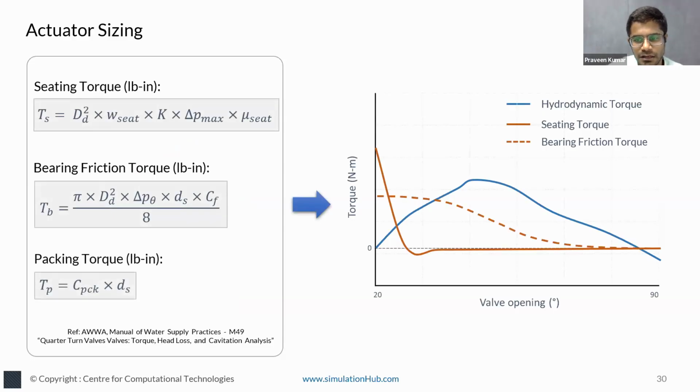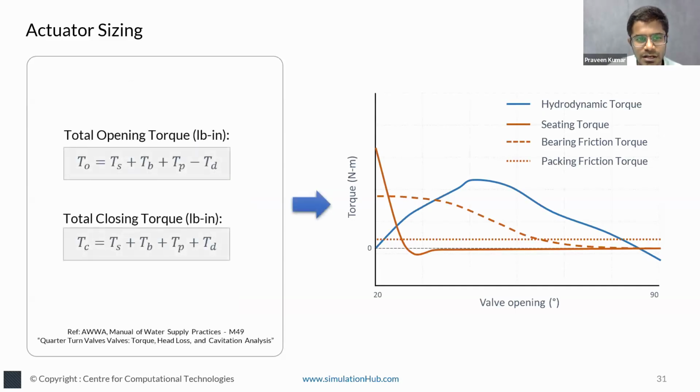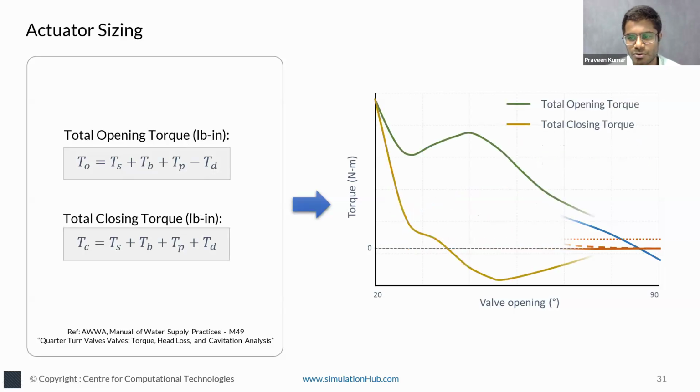So you get a total opening and total closing torque. You add them and subtract the dynamic torque for the closing torque. So you will get two basic curves, which are total opening and total closing.